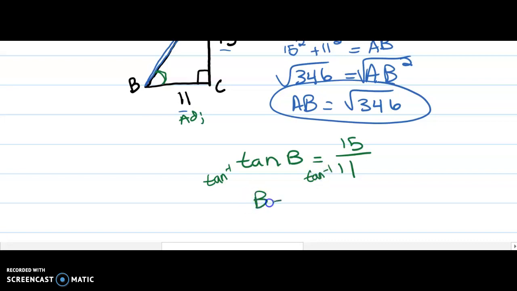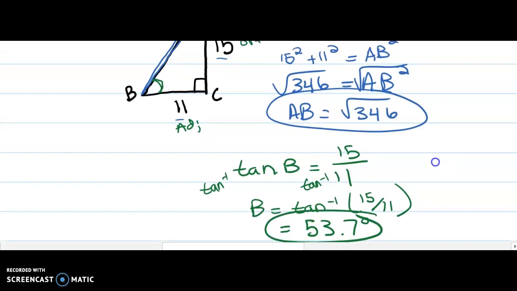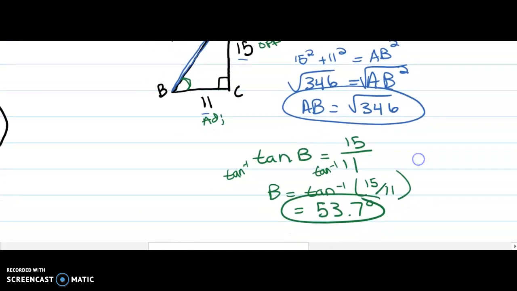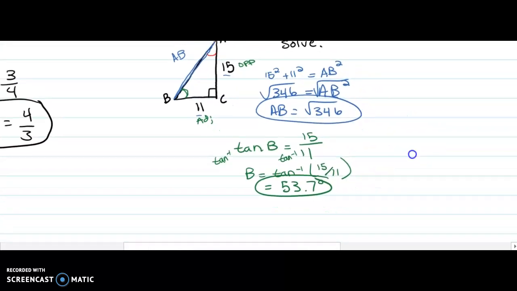So now I have b is equal to the inverse of tangent of 15 over 11. So then we can plug that into our calculator. Okay, that's my first one.